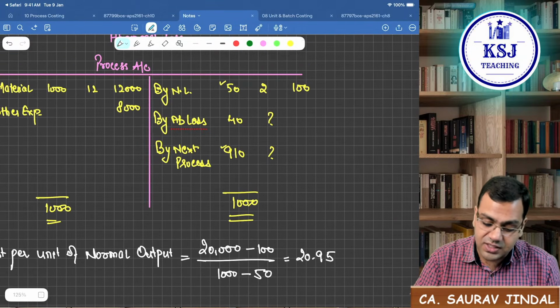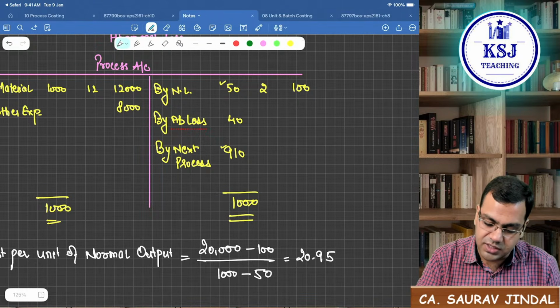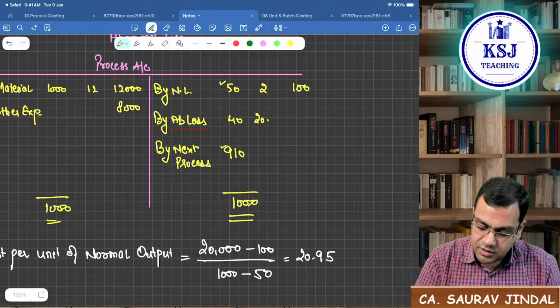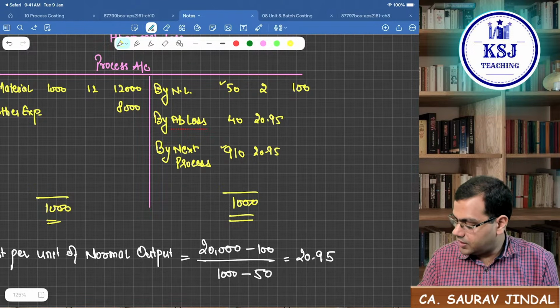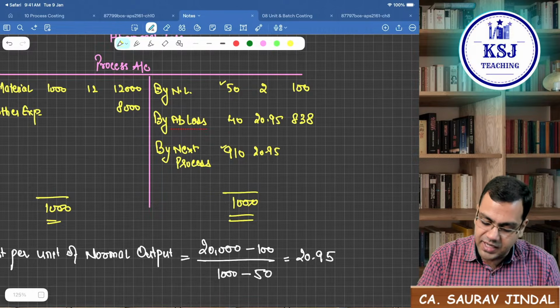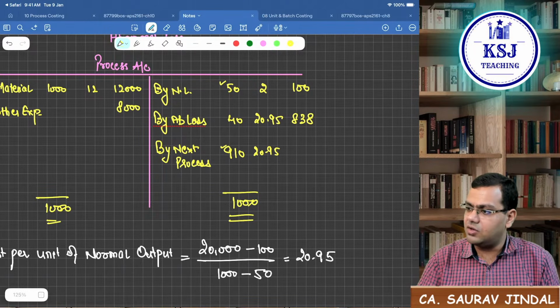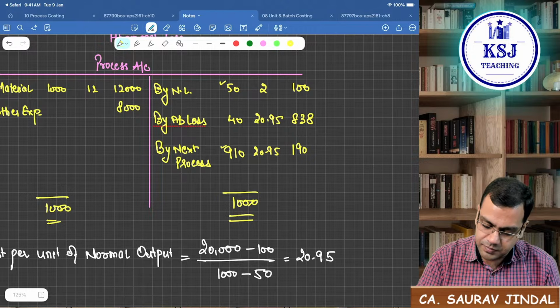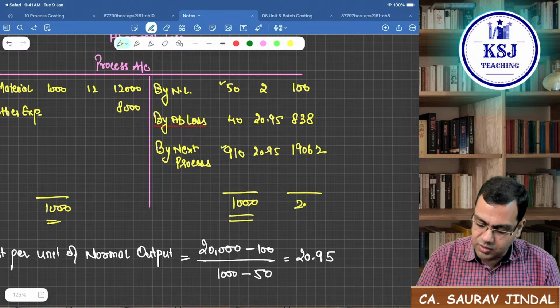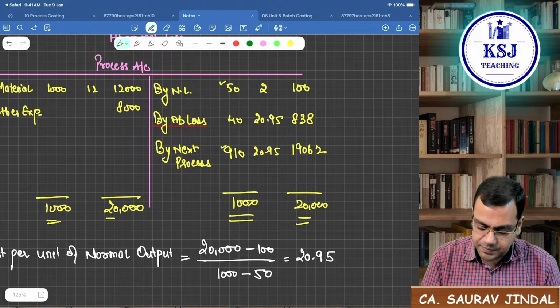Now at this rate, we are going to value our abnormal loss and the next process. So 40 into 20.95 comes to 838. And the remaining value you will put, because of decimals there can be a slight difference, so you can just put the remaining value 19,062. So here it will be 20,000 of cost and here it will be 20,000 of cost.